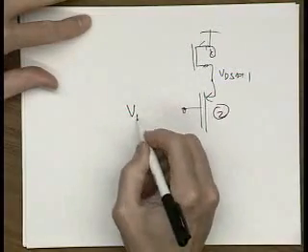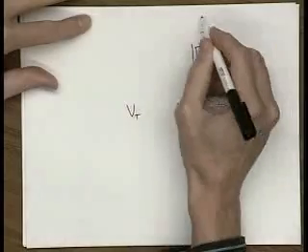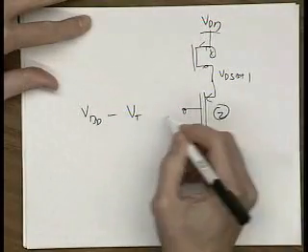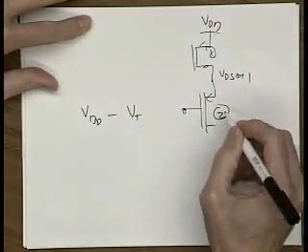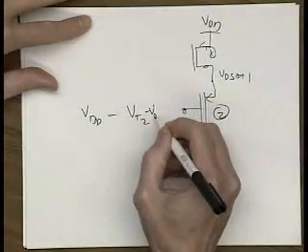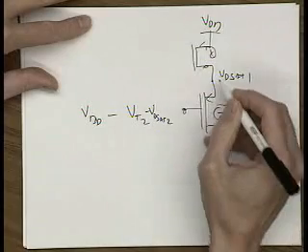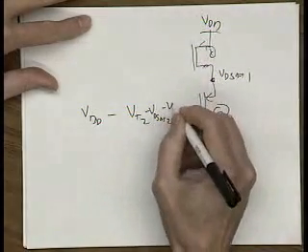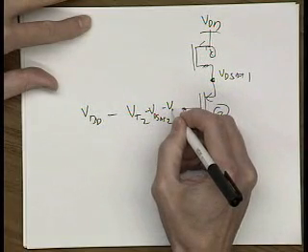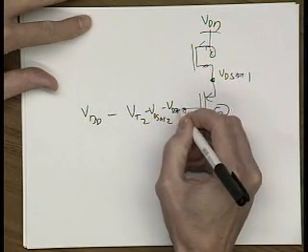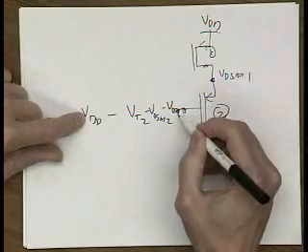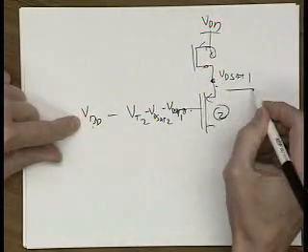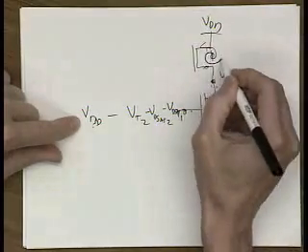This voltage needs to be at, let's call this VDD, VDD minus VT of transistor 2 minus VD sat of transistor 2. And to put this voltage at a VD sat of transistor 1, you have to subtract VD sat of transistor 1. So if this voltage is equal to this value right here, then this voltage will be exactly VD sat of this transistor 1, which is right here.